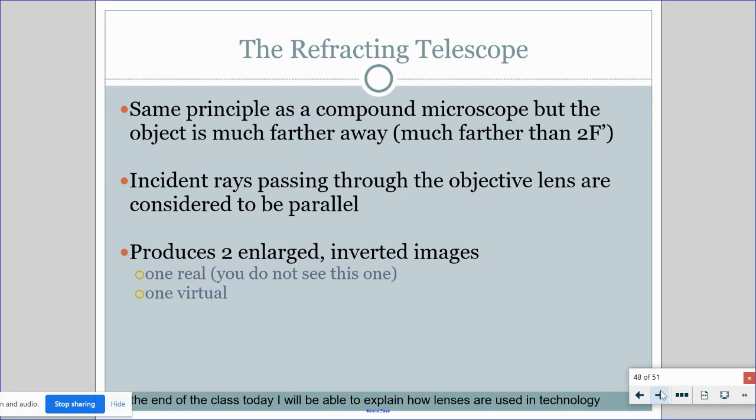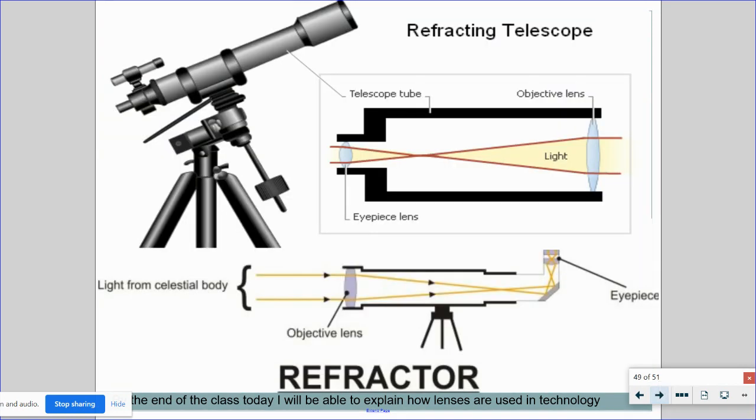One is real, and we don't see that one, but we do see the virtual one. So again, the object is coming through the objective lens. It gets bent down here, and then bent again to our eye. So down, down, down, and comes through. In this one here, it's also using a flat prism to bend the light to go up.